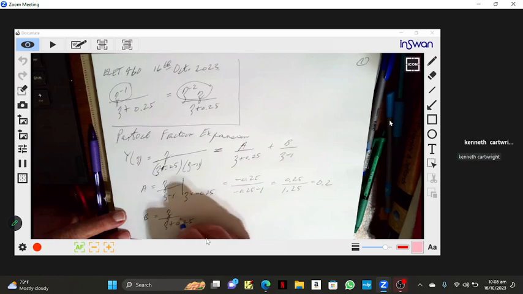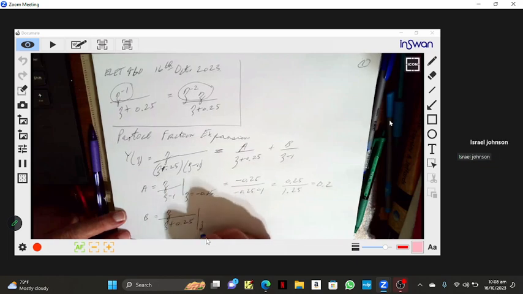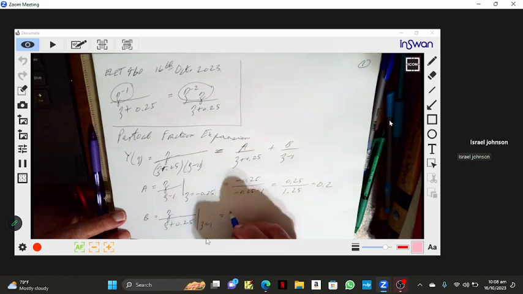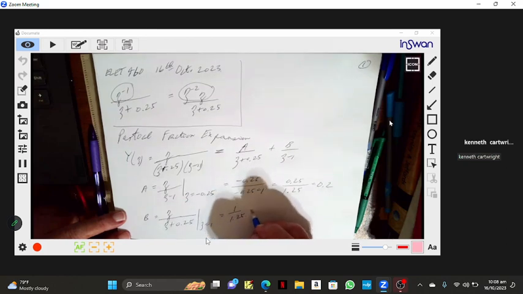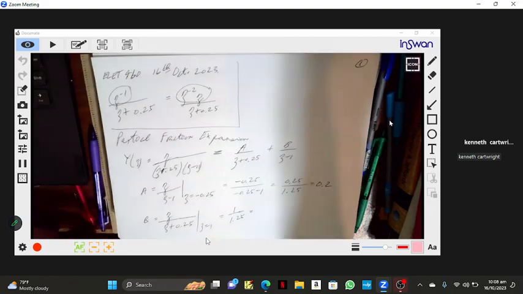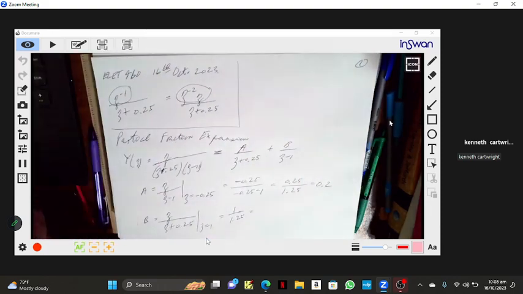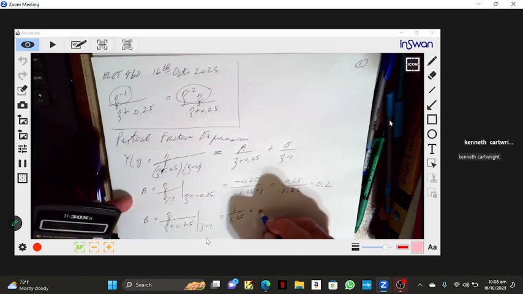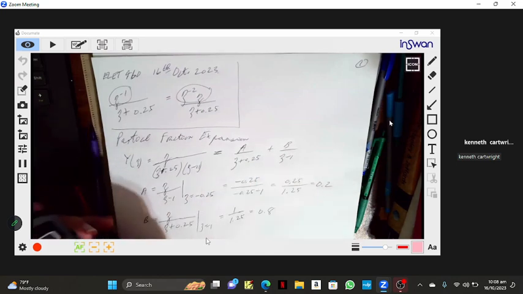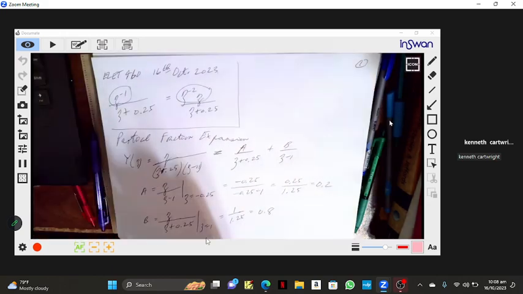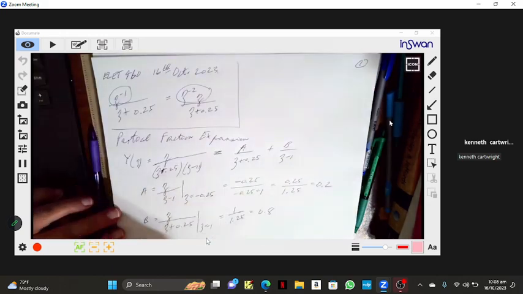Yes. When z equals 1. Z equals 1, yes. So that's 1 over 1.25. That's 0.8. Okay.